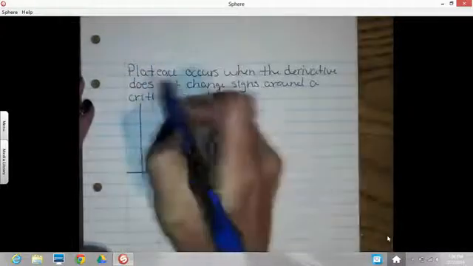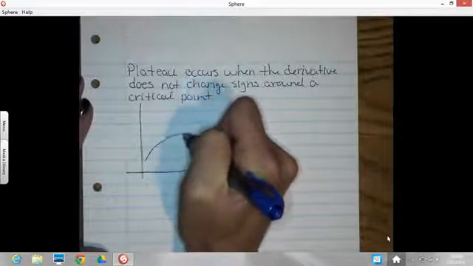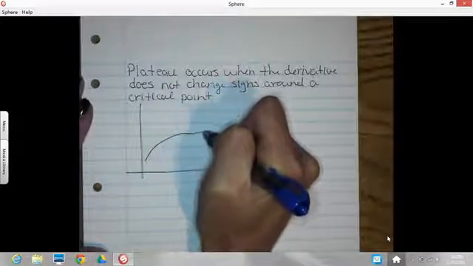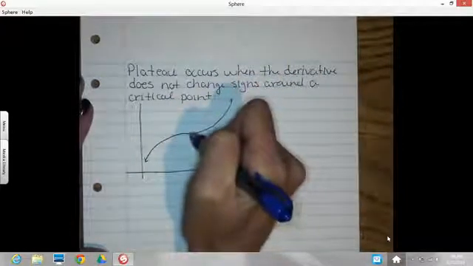So let's look at one like this. So my horizontal plateau is right in here.